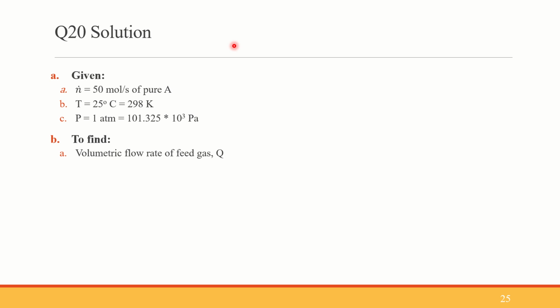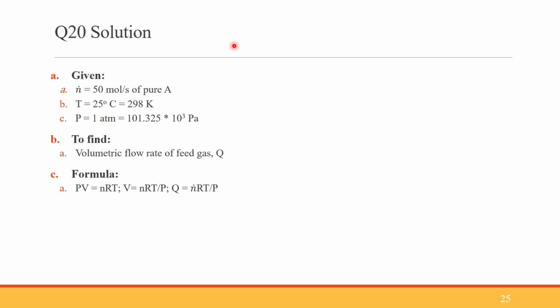And now what are we to find? We have to find the volumetric flow rate of feed gas, that is Q. So here feed is nothing but pure A. Pure A is given in molar flow rate, that is moles per second. So we need to identify the volumetric flow rate. We all know the formula for ideal gas.